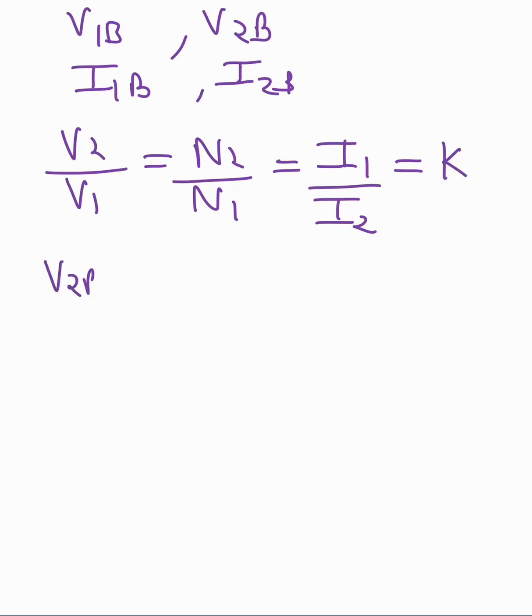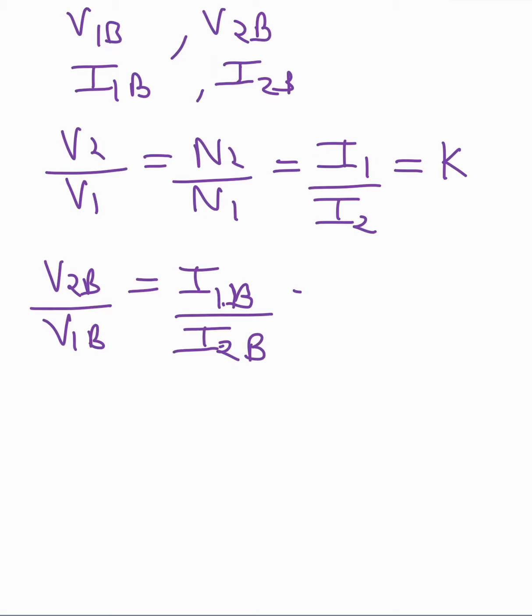So V2B upon V1B is equal to I1B upon I2B is equal to K. So V2B is equal to K into V1B, we can write like this.